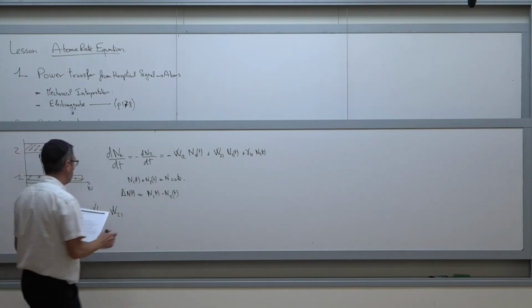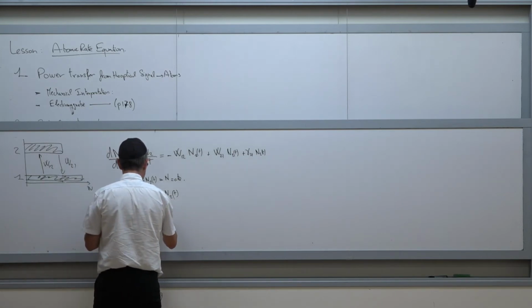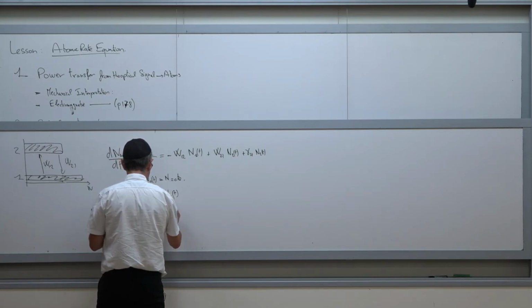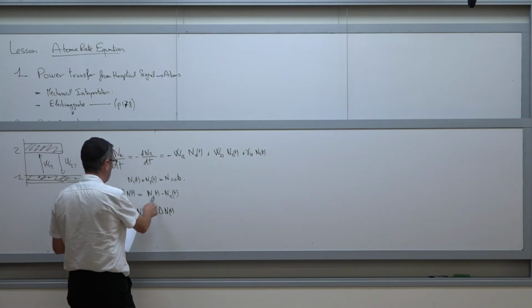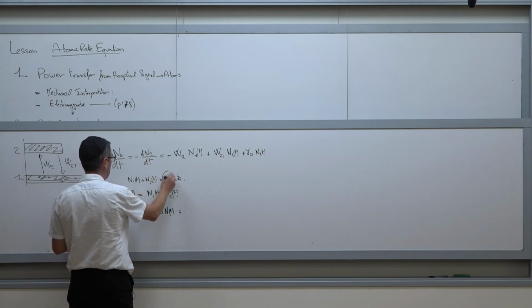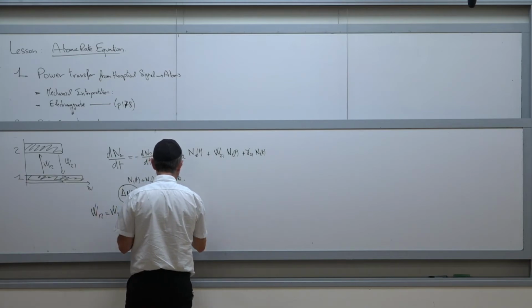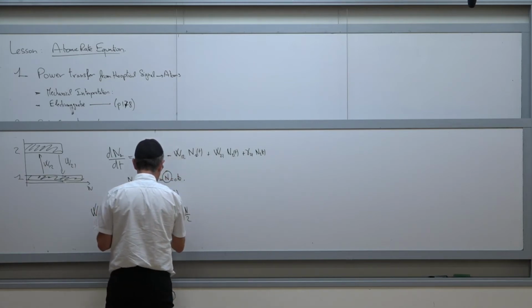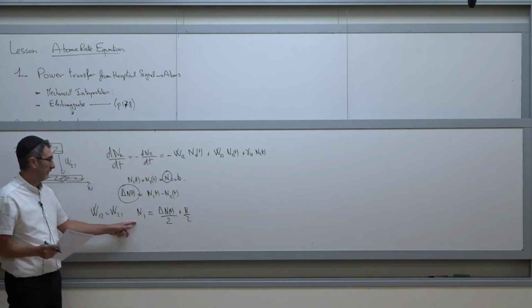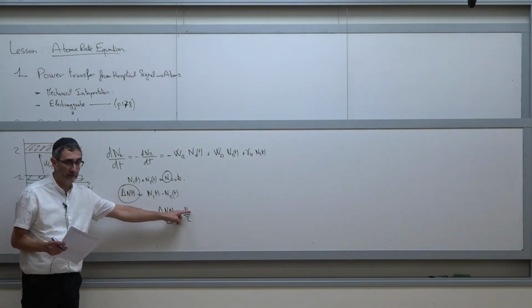We can express N1 in terms of delta N. I want to remove completely N1 and N2, so it's N over 2, and delta N over 2. You agree with me? So delta N is N1 minus N2 over 2 plus N1 plus N2 over 2.